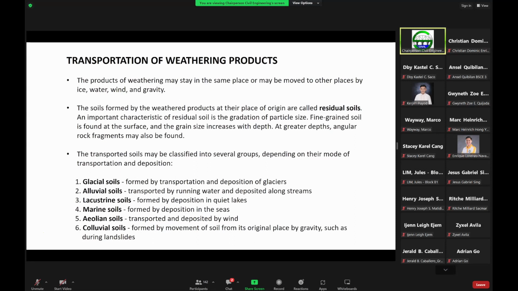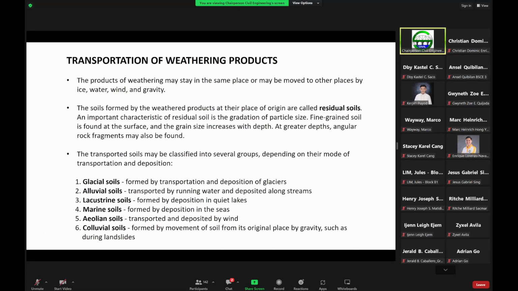Now, for the transported soils, they may be classified into several groups, depending on their mode of transportation and deposition. So, there are what you call glacial soils, which are formed by the transportation and deposition of glaciers.